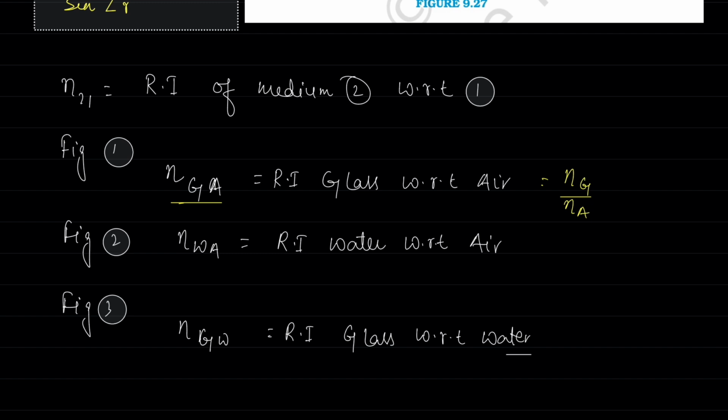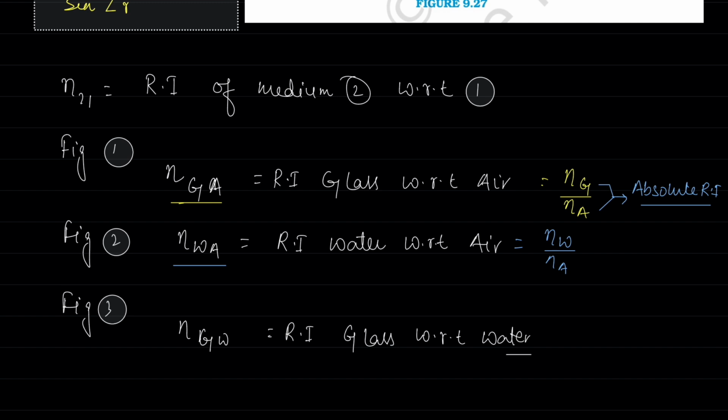What are Ng and Na? These are the absolute refractive indices. And how can we define absolute refractive index? Absolute refractive index is the refractive index of a medium with respect to vacuum. Similarly, NWA can be written as Nw by Na.